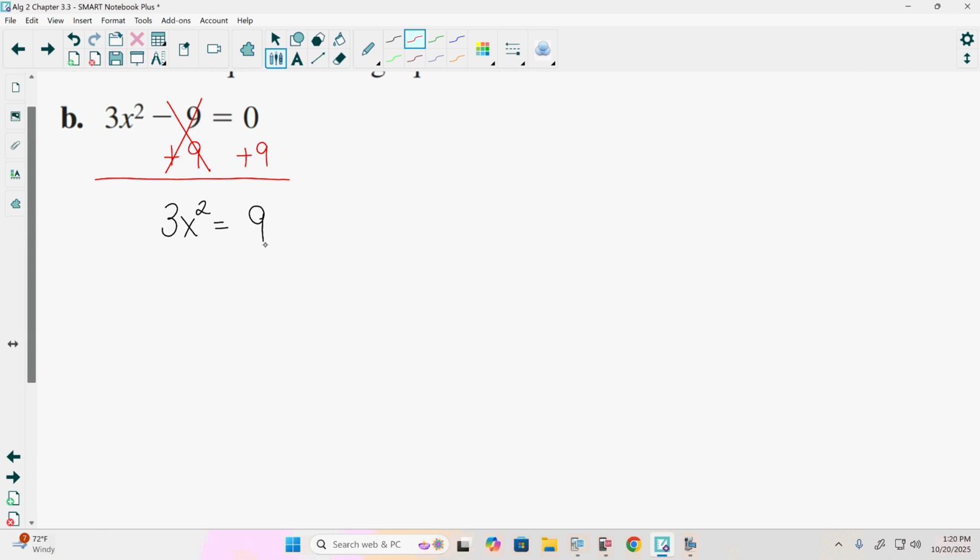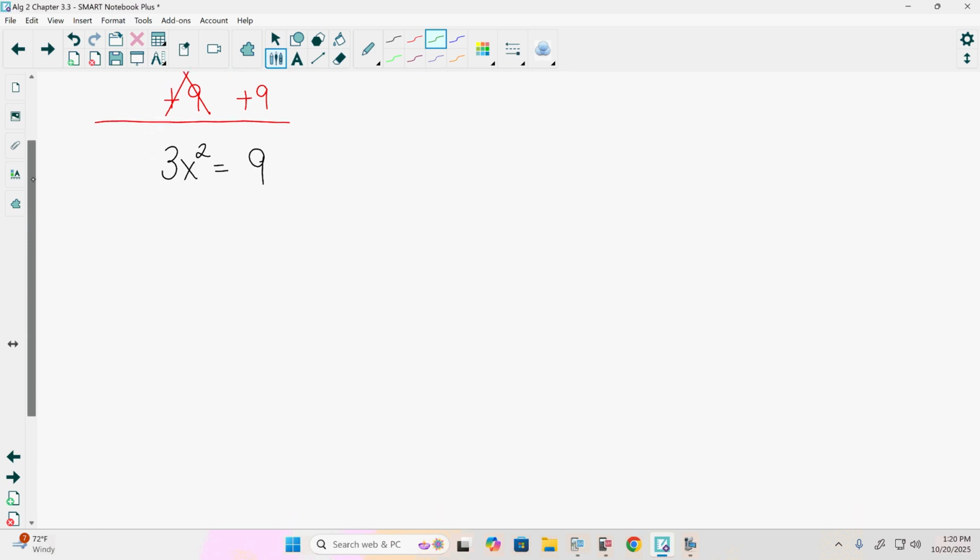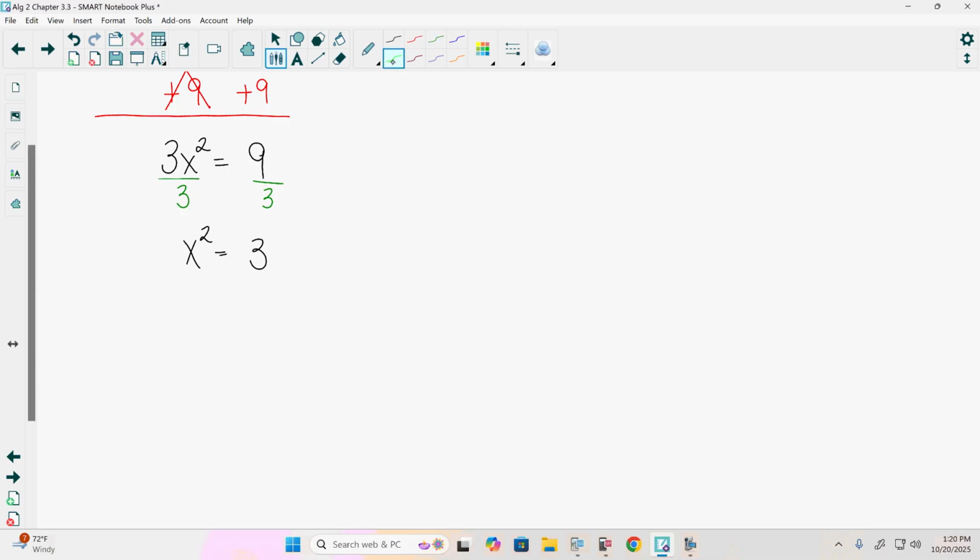Now x squared is not by itself, so the next thing we need to do is divide both sides by 3. 3x squared divided by 3 is x squared. 9 divided by 3 is 3. Now we do have the squared term by itself.